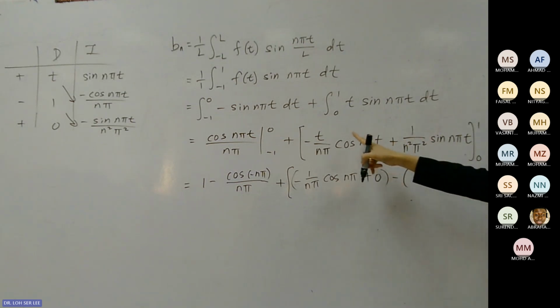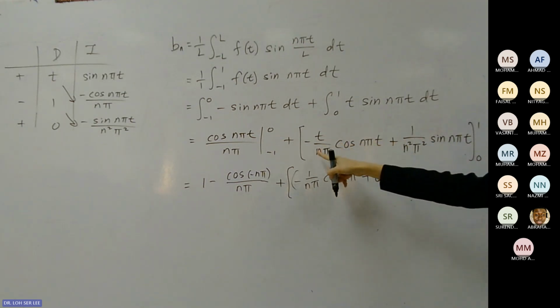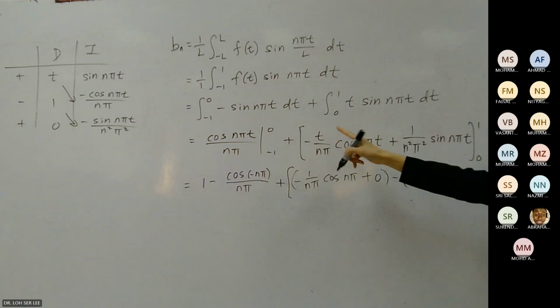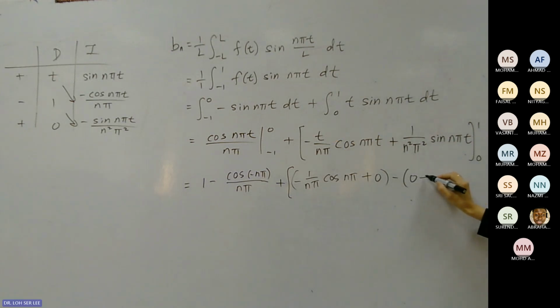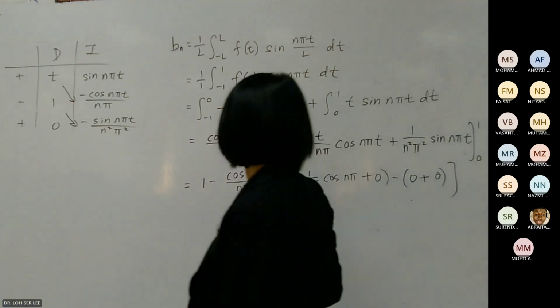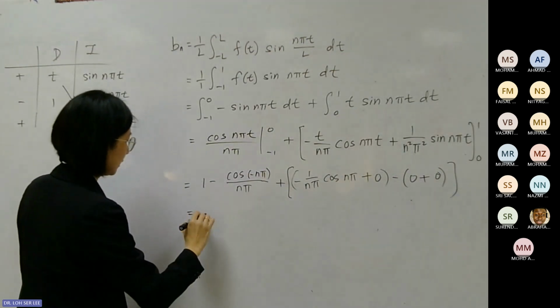When this t is 0, that means everything is 0. Plus 0 into this t, 0. Okay, simplify.